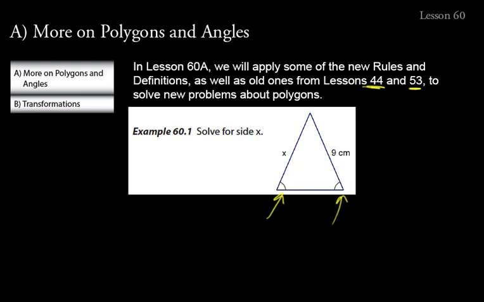So since the two angles are equal, the sides opposite are equal. So the side opposite this angle is the same as the side opposite that angle, since the angles are equal as well. So therefore, x equals 9 centimeters. It's the same length as the other side.